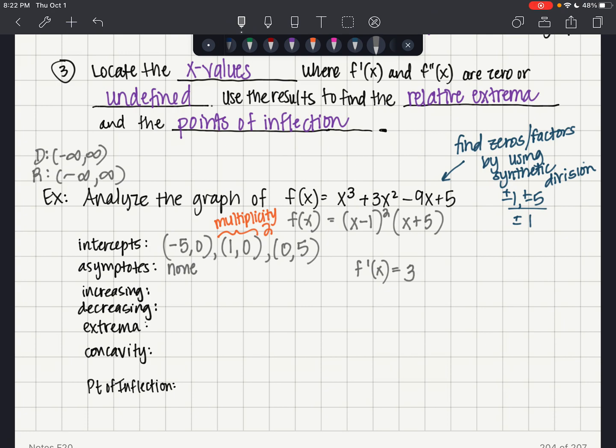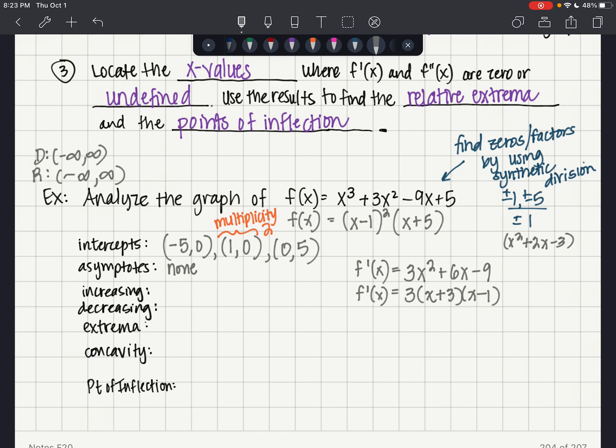So our first derivative, I'm going to go back to the standard form of our function, and I'm going to find that the first derivative is 3x squared plus 6x minus 9, which factors to be 3, and then that would leave me x squared plus 2x minus 3, which factors to be x plus 3, x minus 1.